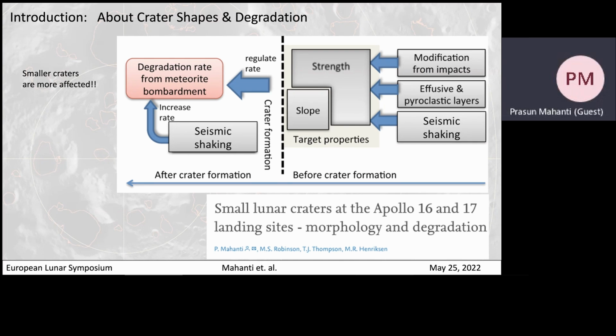But once the crater forms, the degradation rate, which is mostly determined by micrometeoritic bombardment, can be increased. You can have seismic shaking regulating the rate after the crater formation, right? And smaller craters, because they are small, mostly form only in the regolith, so the walls are really not strong, and they are more affected by all these effects.